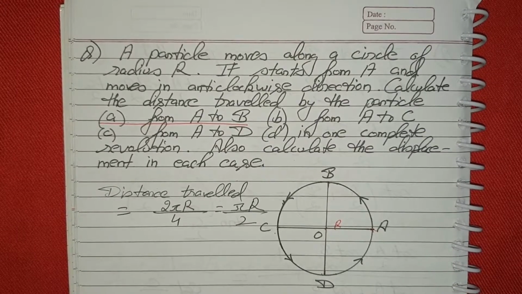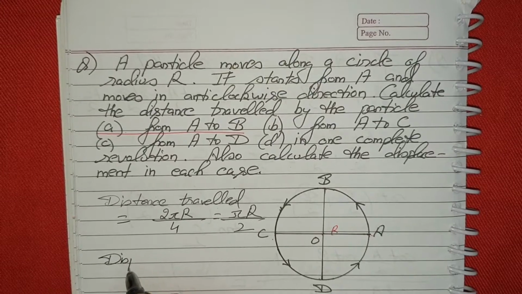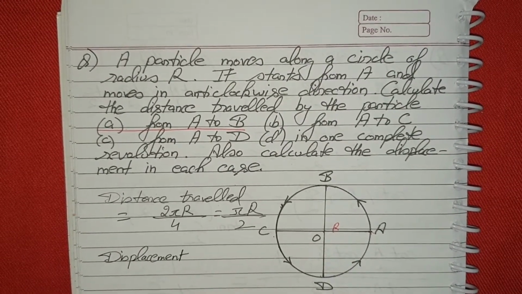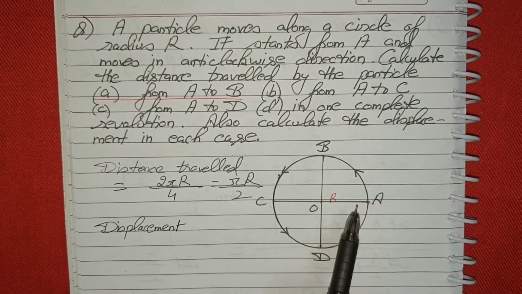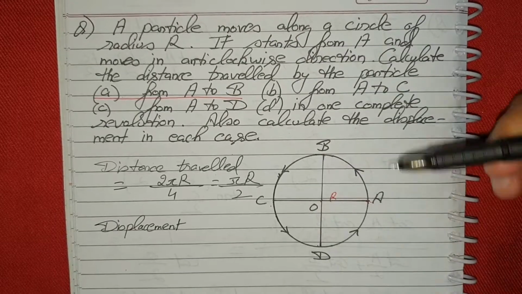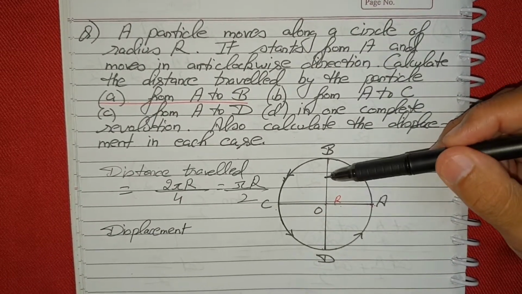Now what will be the displacement? Now to find displacement, see, displacement will be from A to B. So you have to see the initial and the final position. Now we know that this is r, this is also r.